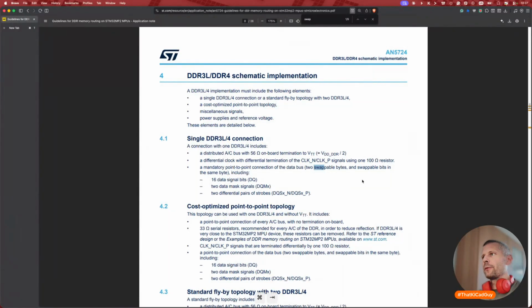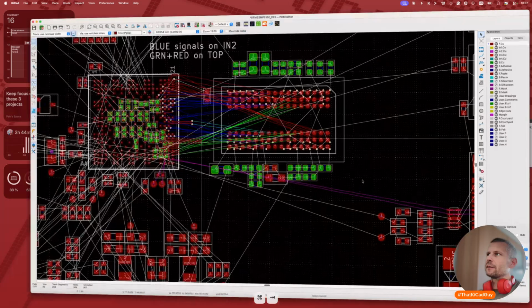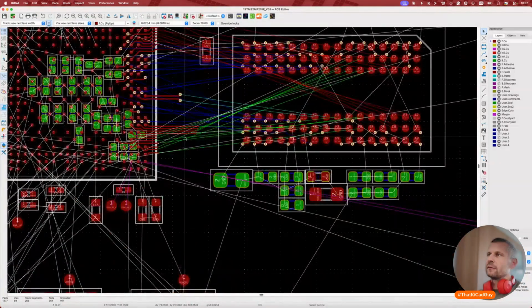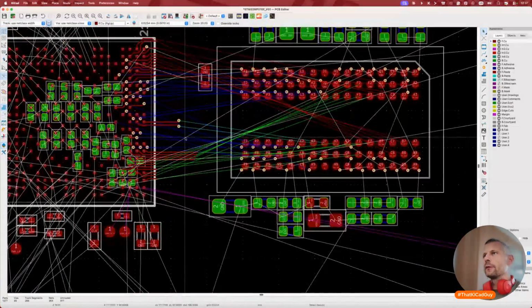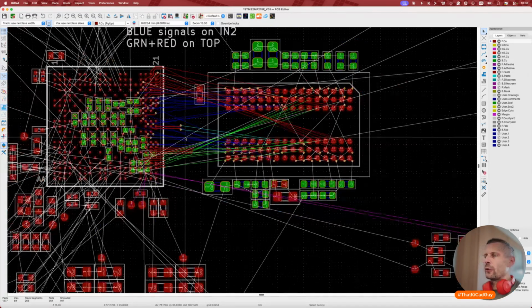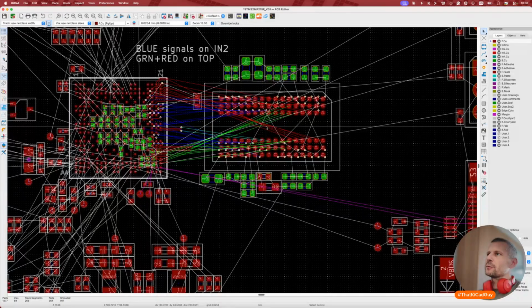So we can swap the green signals in the group, and so all the bits in the same group, and then we can swap greens to blue ones, greens to red ones. So in this position, all the reds can go where the green ones are and vice versa.